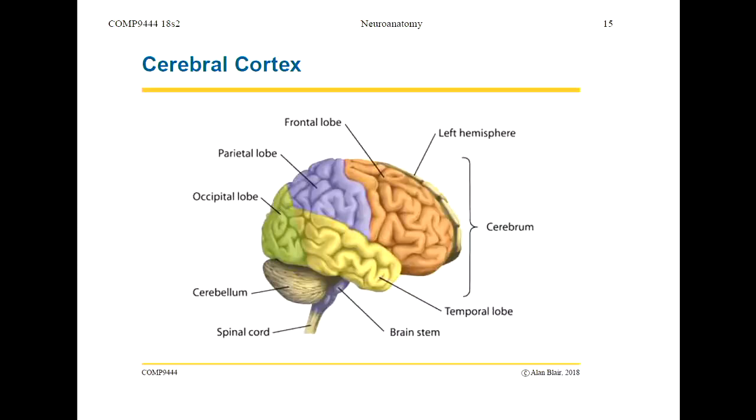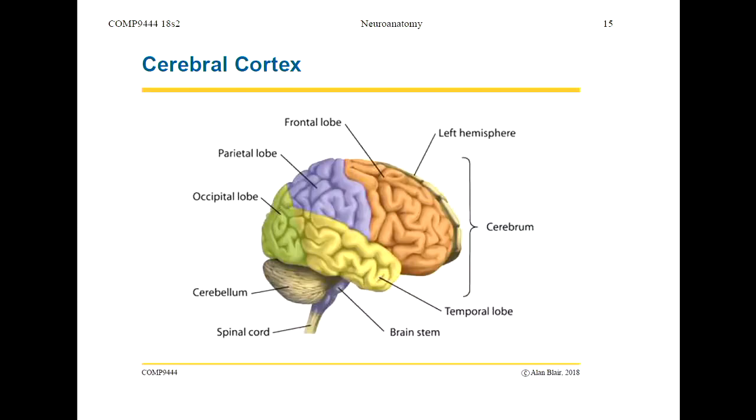Now, in contrast, the most modern part of the brain is this part here called the cortex. The cortex comes from a Latin word meaning the bark of a tree, because that's kind of what it looks like. And if you look at the brain of a human compared to the brain of another animal and ask, what's really different about our brains, then basically the answer is the cortex.